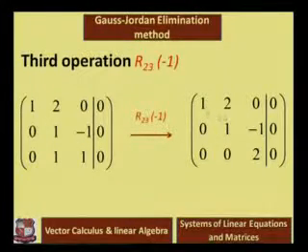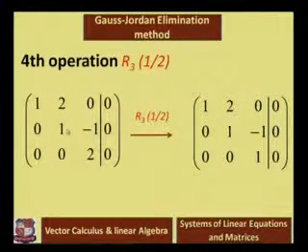The resultant matrix is given 1 2 0 0, 0 1 -1 0, 0 0 2 0. Convert this entry to 1, we take the operation third row divided by 2. So the resultant matrix is given 0 0 1 0, and other entries are the same.